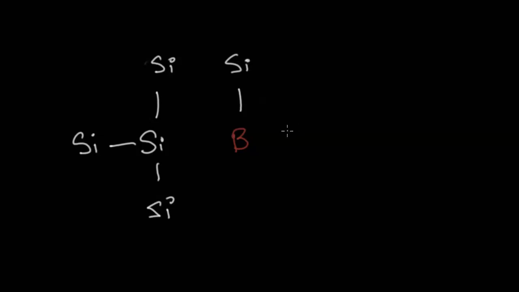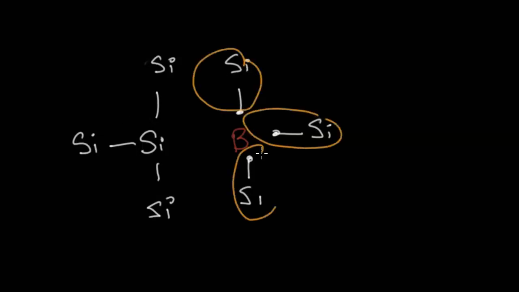Another type of extrinsic semiconductor is one where we dope the semiconductor with a material belonging to group 3. Let's take boron for example. Boron is a trivalent element. That means it has 3 electrons in its valence shell. Using these 3 electrons, it forms a covalent bond with 3 adjacent atoms.